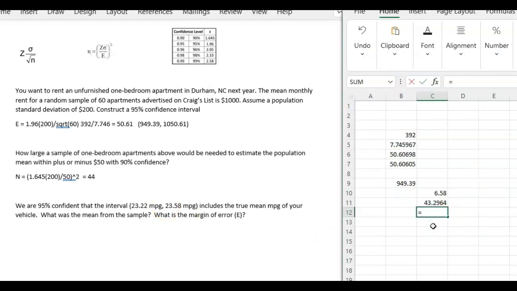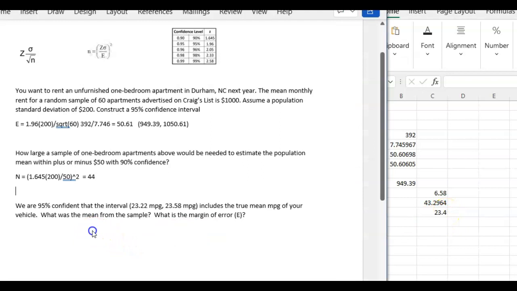So we just have to add 23.22 and 23.58 together and divide by 2, and that will give us our mean value, which is 23.4.